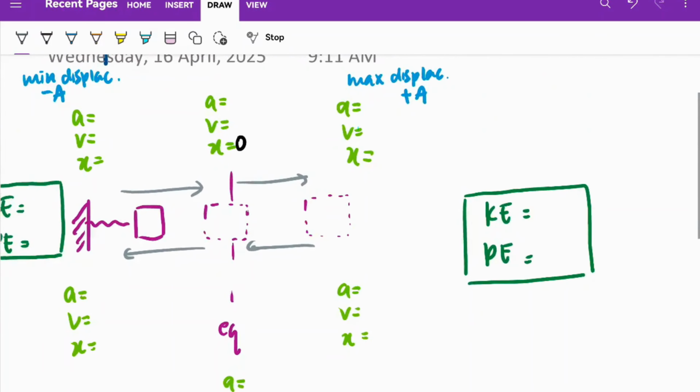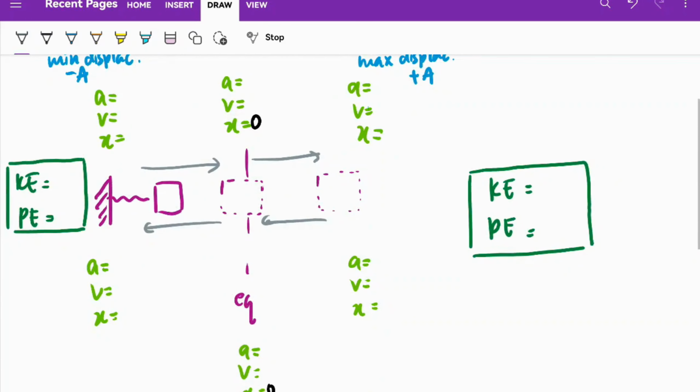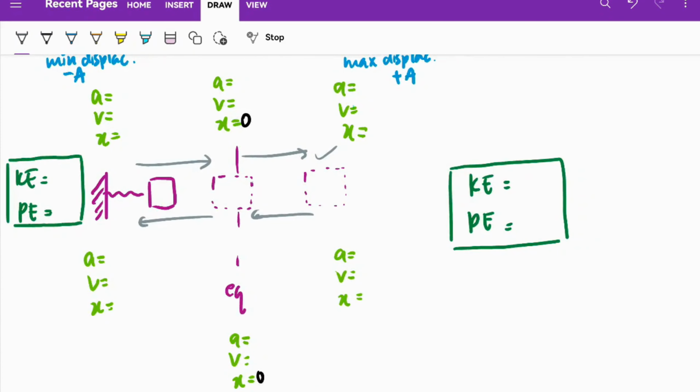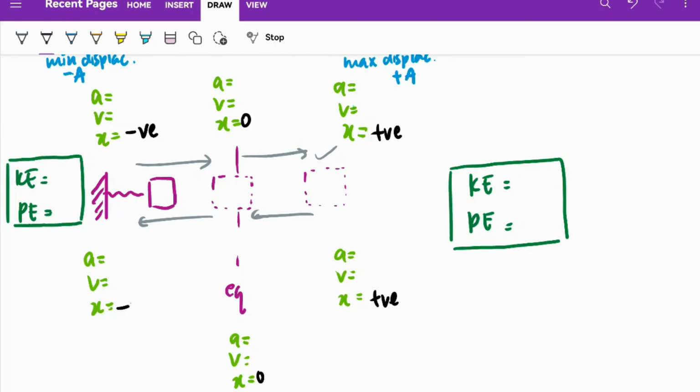Okay, now going back to displacement. As the spring moves to the right of your equilibrium, what would my displacement be? My displacement would be positive. Because if you remember in the first video I mentioned, anything to the right of the equilibrium has a positive displacement, anything to the left of the equilibrium has negative.